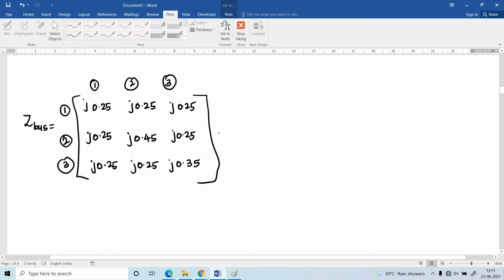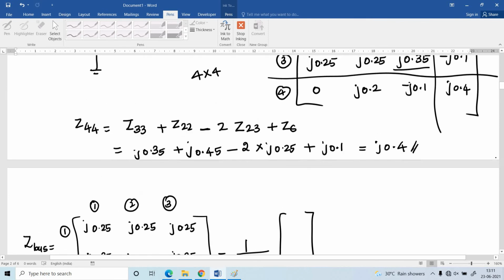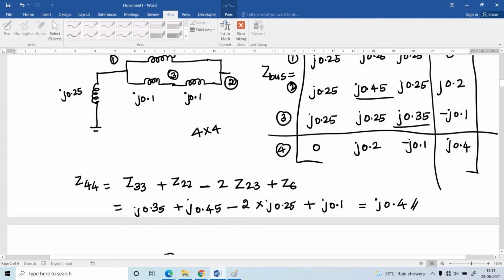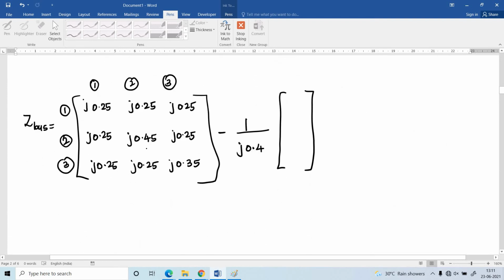How to write the next two element matrix? 1 by j 0.4. This is the Z44 value. And next, first write the last fourth column element. Here first I am going to write 0, j 0.2, minus j 0.1. In this way I have to write 0, j 0.2, minus j 0.1, and the transpose of this is 0, j 0.2, minus j 0.1.